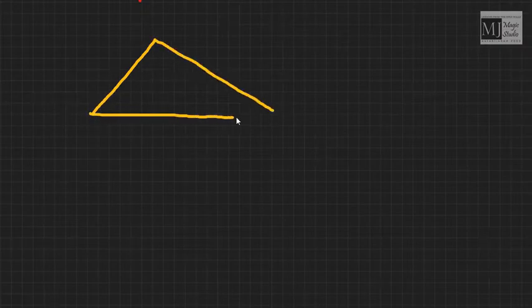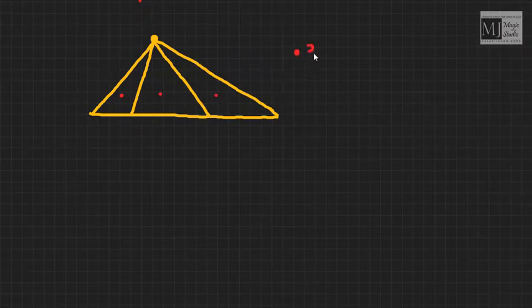This is a triangle. Now from one of the vertices I am dropping one line and one more line. Can you tell me how many triangles you can see in this figure? First, this smaller one, this smaller one, this smaller one. So 3 red dots, correct? Then 1 orange dot, the outer one.